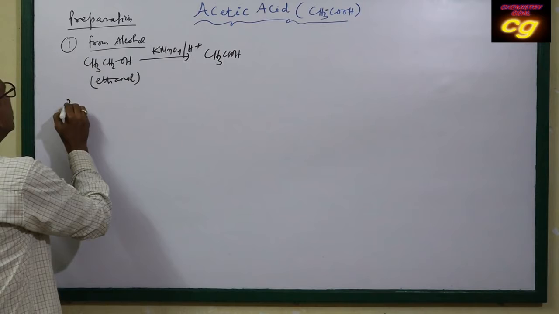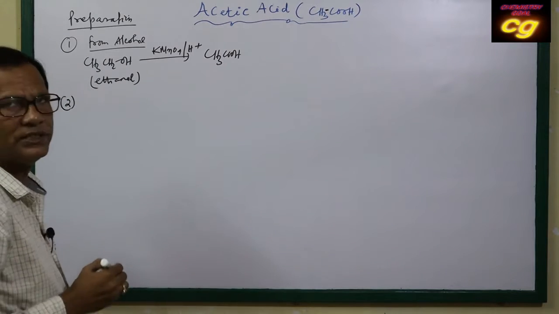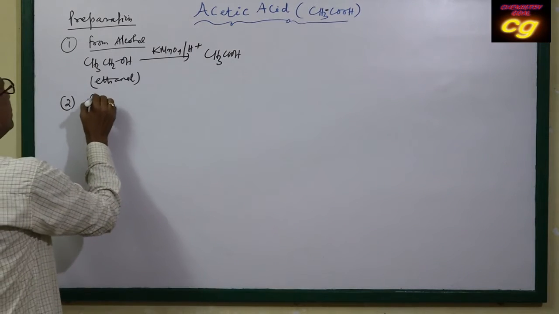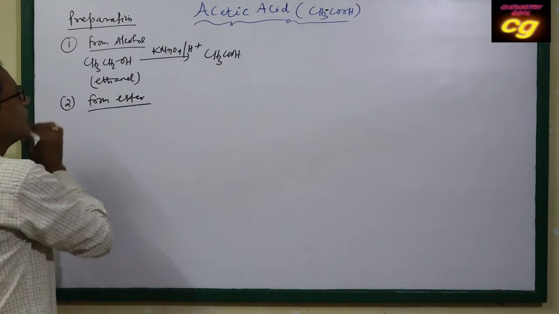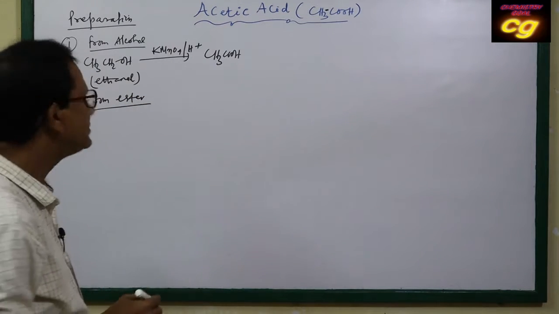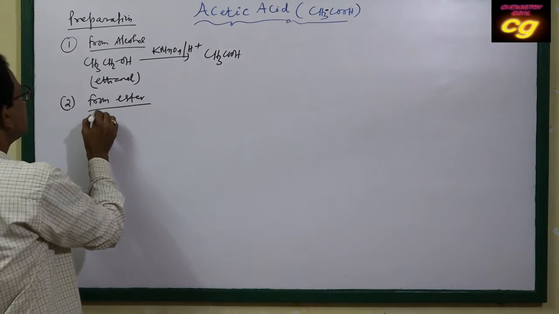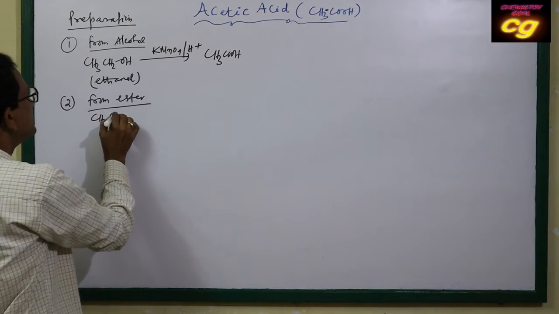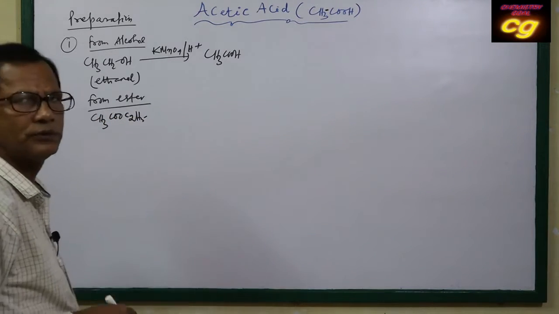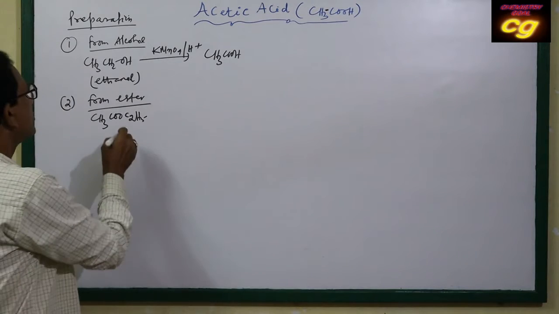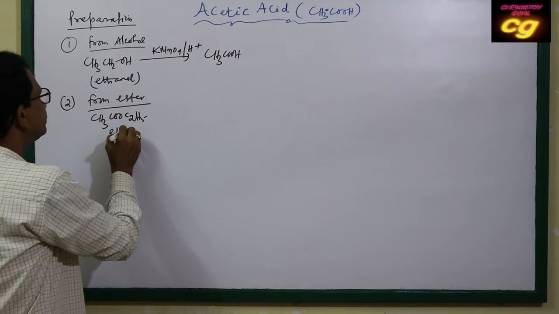The second method, we can prepare acetic acid from ester. One example of an ester is CH3COOC2H5, called ethyl acetate.